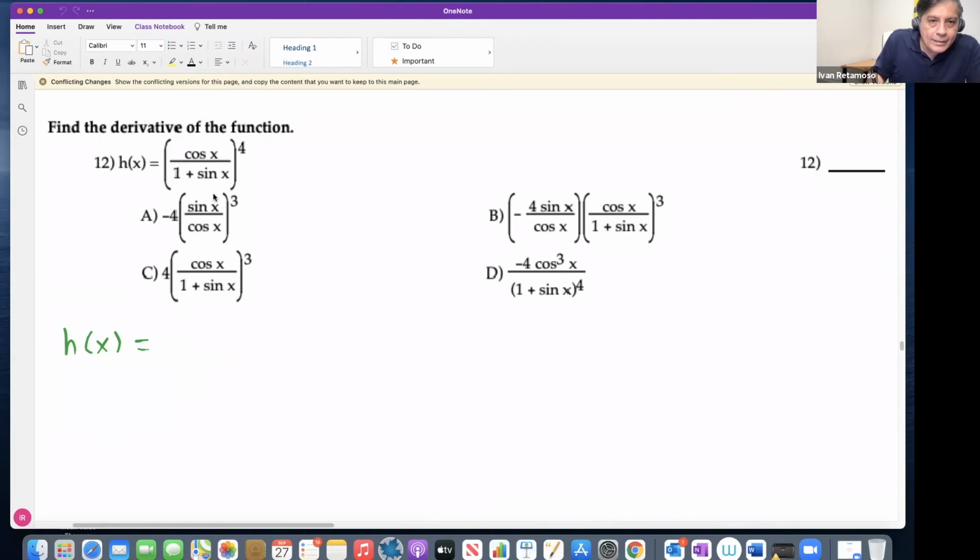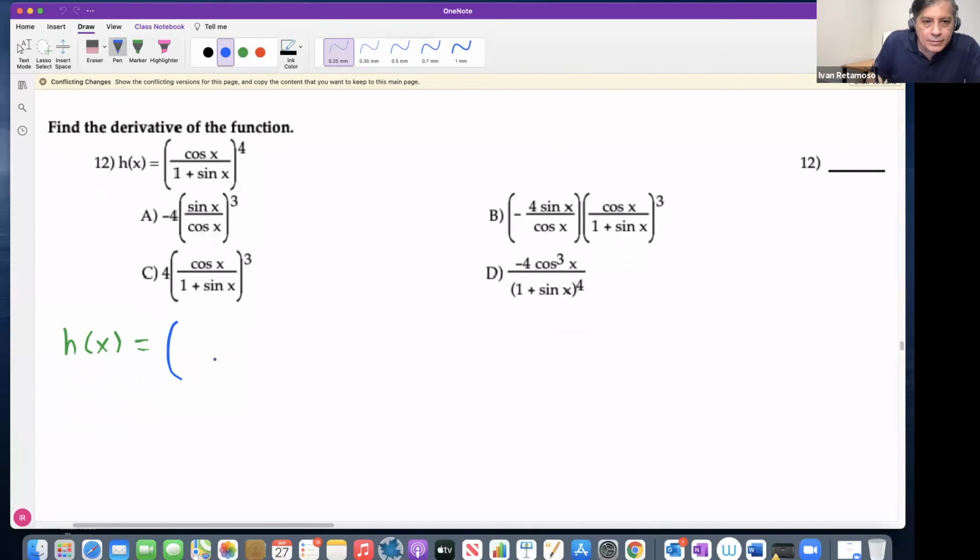Readily, let's just write the outside function in blue here. Outside function, the 4-power function, and in red, the inside function cosine of x over 1 plus sine of x. Okay. Very good.